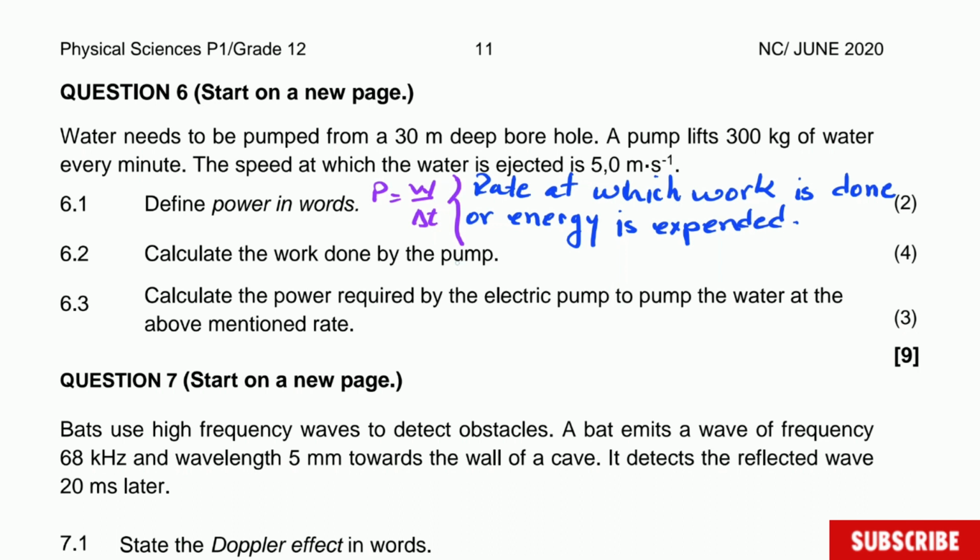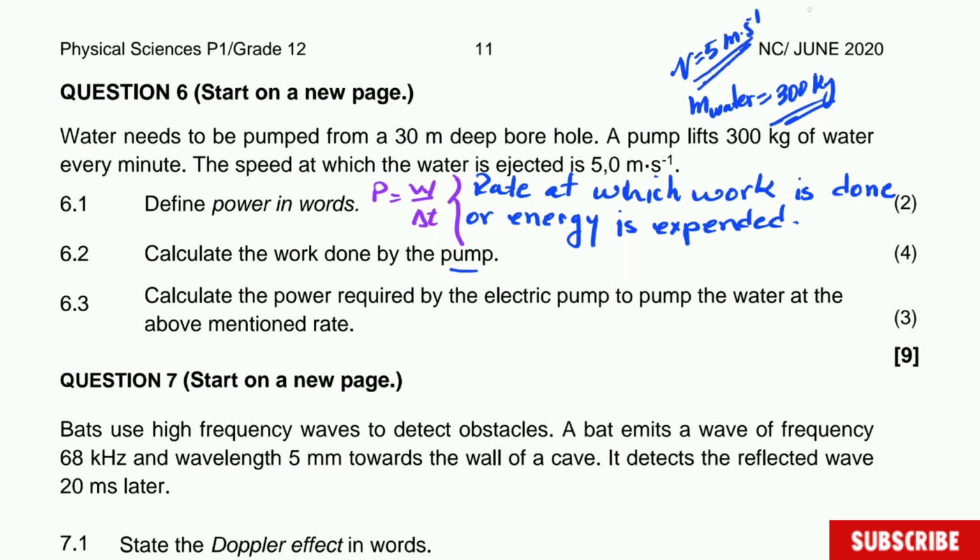Now, it's an easy question, but it could be tricky. We need to know that the mass of water that is being lifted up is 300 kilograms. We need to know that the speed of the water moving up is going to be 5 meters per second. This is 5 meters per second when it reaches the pump.